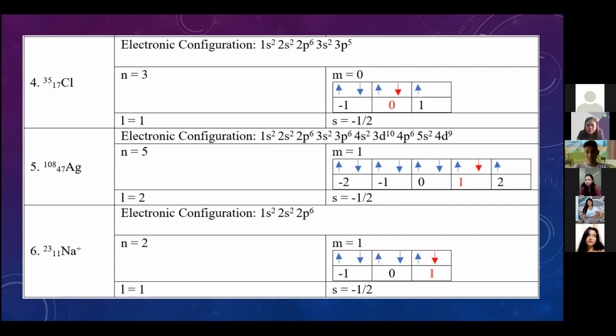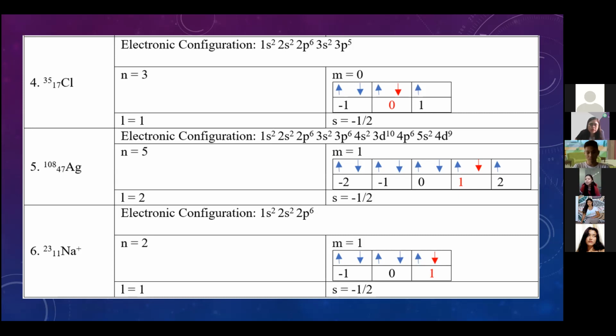And for the M, we have 3 boxes as a guide and 6 arrows, looking at our last electronic configuration. 6 arrows starting from the left, 1, 2, 3, then come back again, but this time downward, 4, 5, 6.